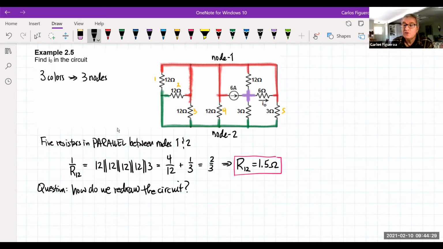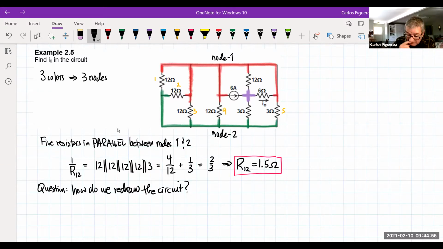And the best way to do that is pick one resistor. Now, I would not pick the 3 ohm resistor. I would pick these 12 ohm resistors. I could pick the 3, but it's going to be easier to only focus on the 12s here.